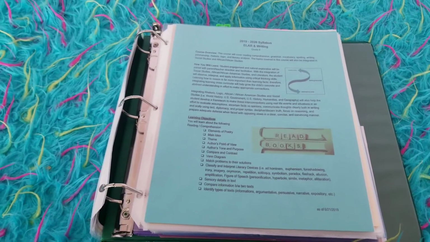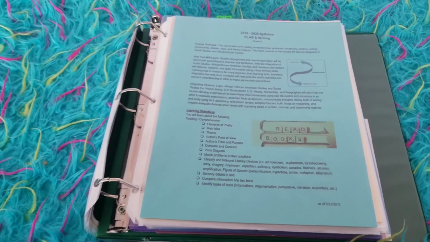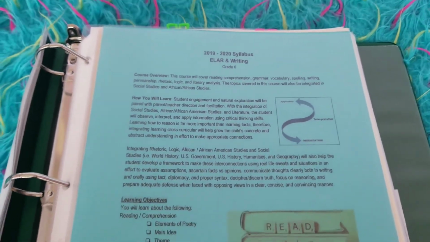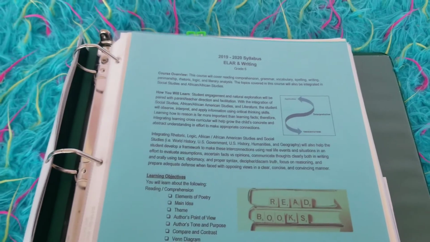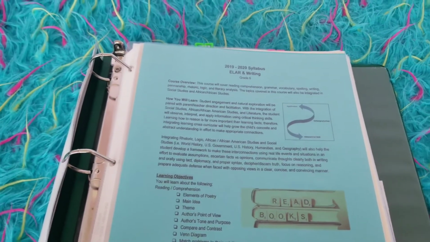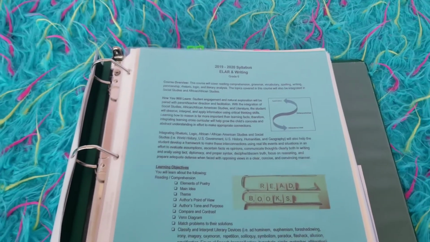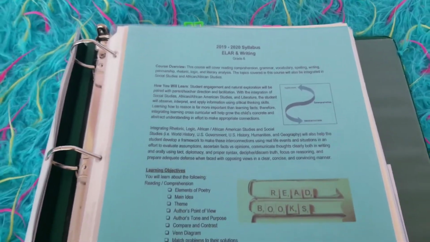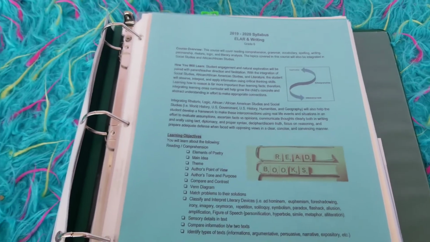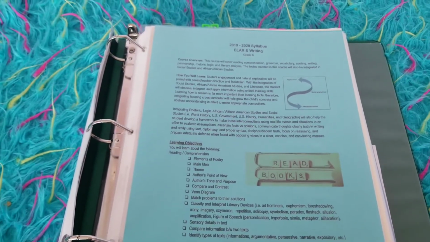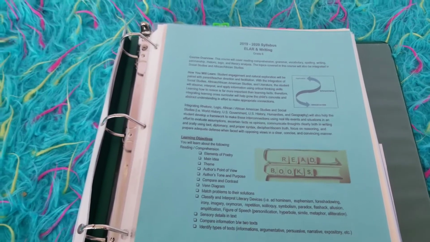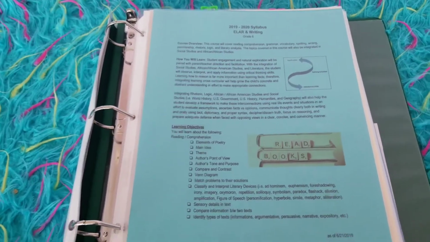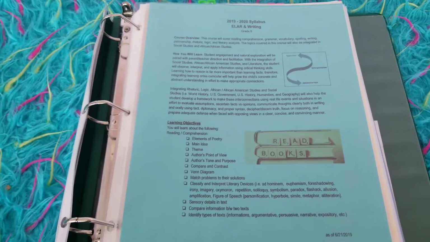He'll spin the wheel, and if it lands on ELAR and writing as an example, I'll pull out the syllabus, I'll pull out the course description, he'll pull out the curriculum, he'll peruse the curriculum, we'll talk about it, and we will actually read the syllabus together out loud, making sure that he understands the expectations and what he will learn, and he can ask whatever questions he has, I'll answer that, and we'll move on to the next subject.